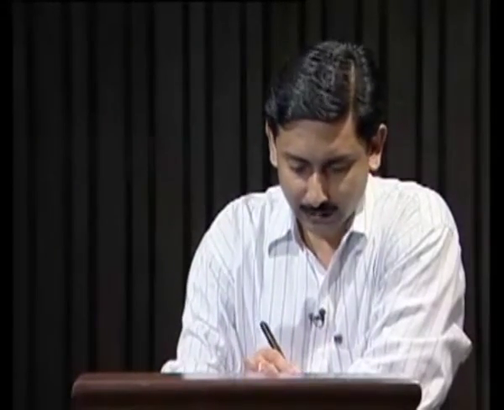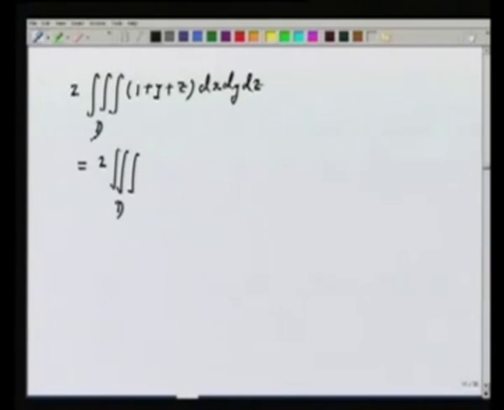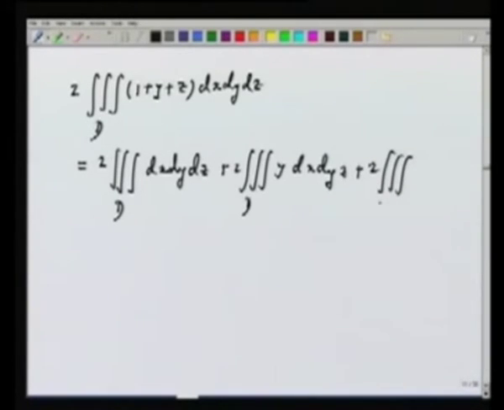I can write this as 2 times the triple integral over D of dx dy dz, plus 2 times the integral of y dx dy dz, plus the integral of z dx dy dz. Now you can check very easily that these integrals are very symmetric, and you can easily show that they are actually equal to 0. So the end result is 2 times the volume of the sphere of radius 1.